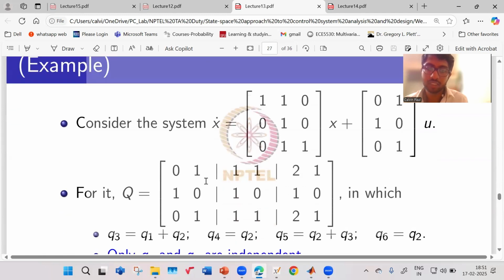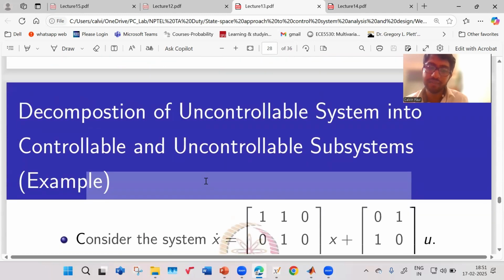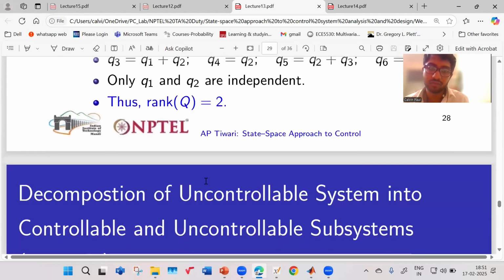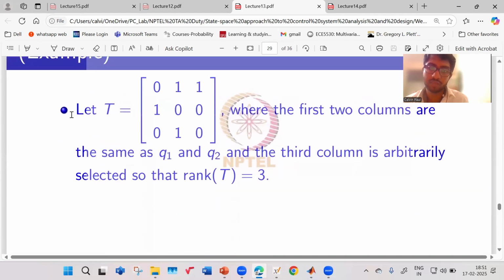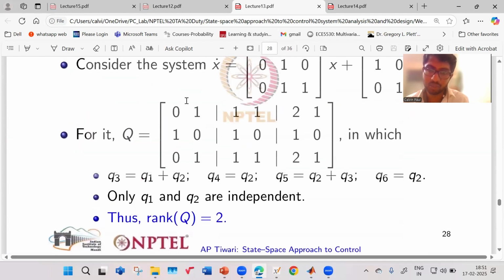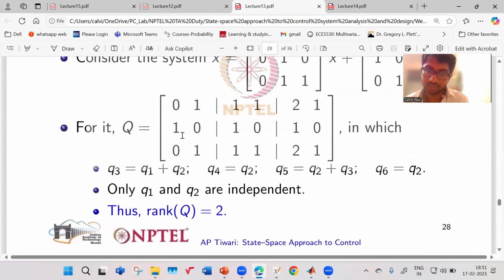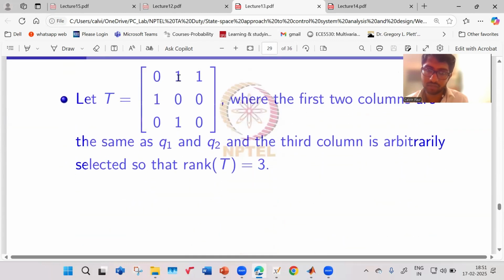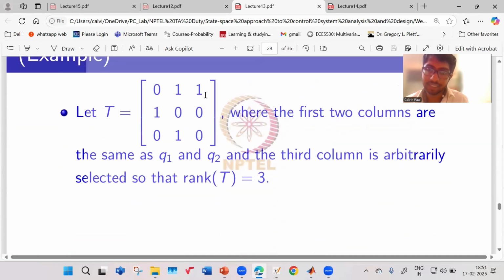So what they are doing is they have to find a transformation matrix. The transformation matrix is what they're using, the independent rows of this, which is 0, 1, 0, 1, 0, 1. And they're adding a third row, which is not dependent on the previous rows.